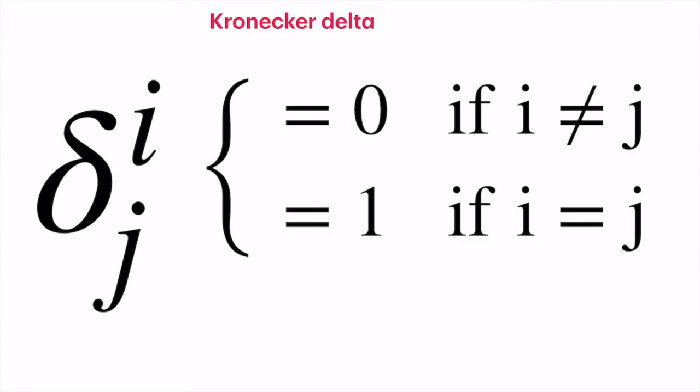So far we have not distinguished, so you could write both upper or lower; it doesn't matter. In this case, we distinguish them as upper and lower. It is equal to 0 if i is not equal to j, and equal to 1 if i is equal to j. This is basically an identity matrix in n dimensions. You can choose any dimension; in 3 dimensions, it is a 3 by 3 identity matrix.